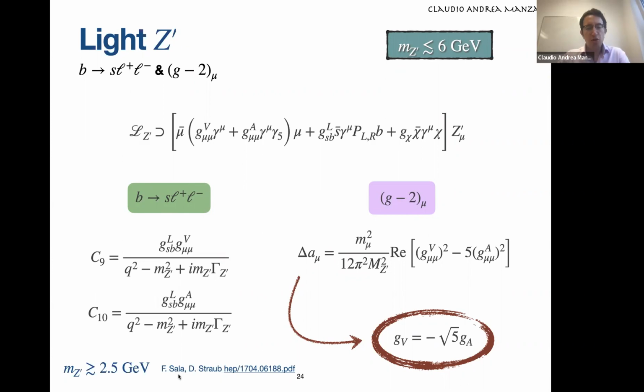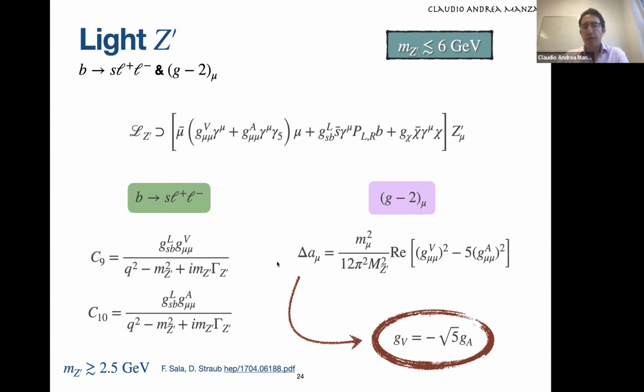It has already been shown by Sala and Straub that a light Z prime can provide a nice solution, a good agreement with data for B2SLL for a mass above 2.5 GeV. So we make this assumption also in the following.